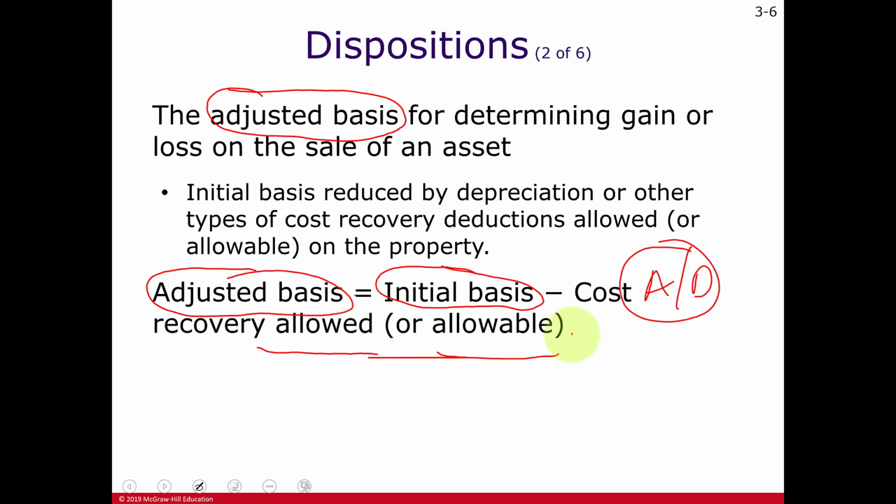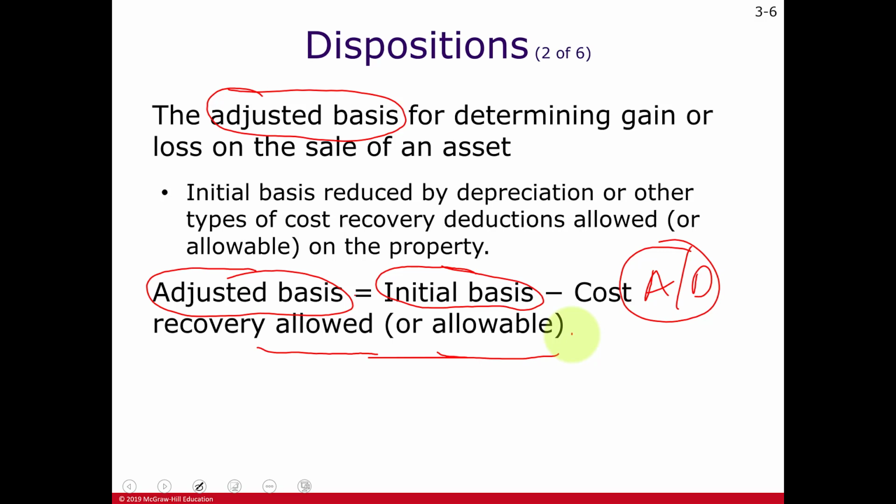If a year that you should have claimed is now closed due to statute of limitations, there may be some accounting methods you can adopt to take that missing depreciation in the current year. Okay, that's a topic not covered in our chapter here.